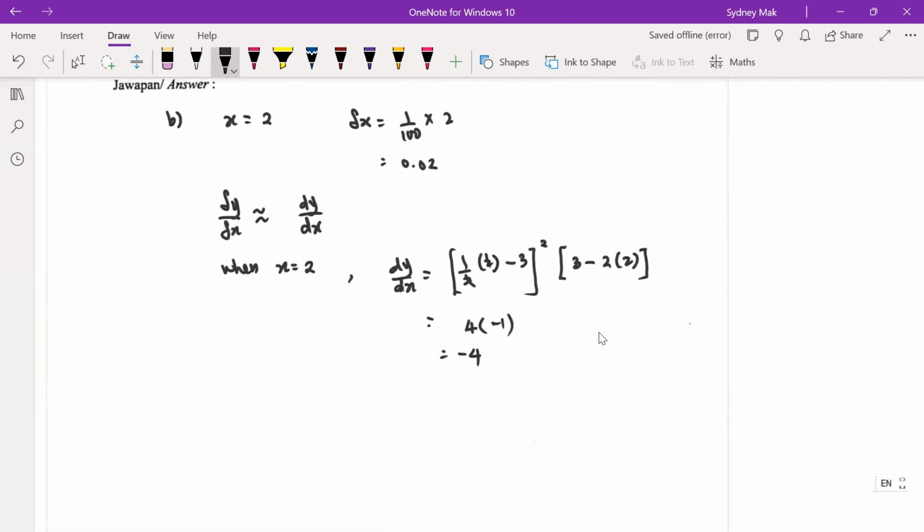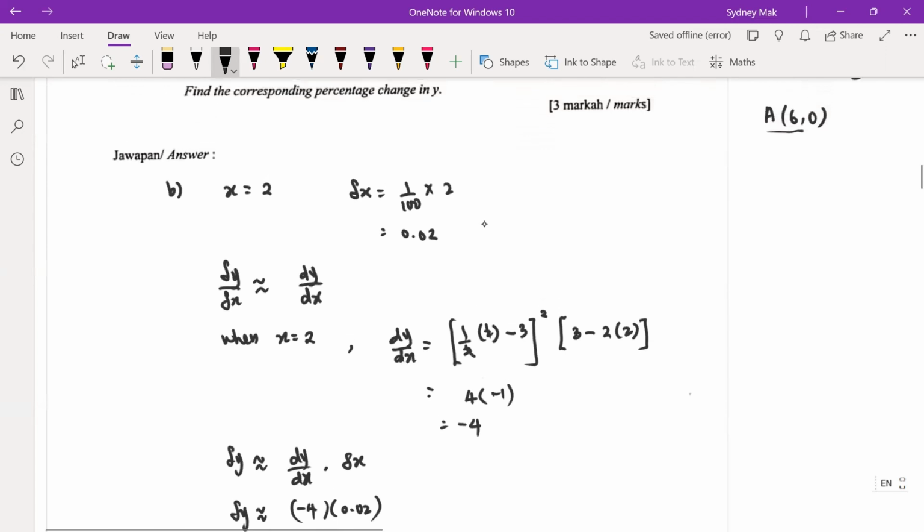Now we put this in: delta y is approximately equivalent to dy/dx times our delta x. Therefore, delta y is approximately negative 4 times 0.02. So that is negative 0.08.